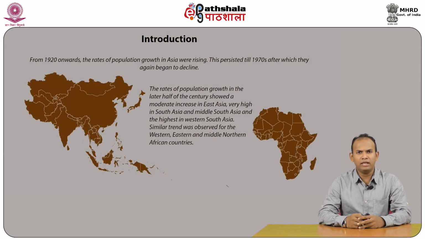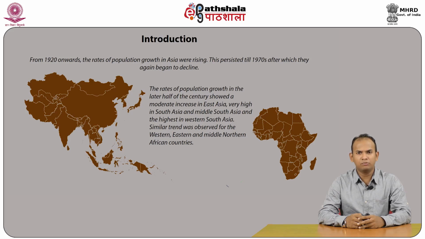From 1920 onwards, the rates of population growth in Asia were rising. This persisted till the 1970s, after which they again began to decline. The rates of population growth in the later half of the century showed a moderate increase in East Asia, very high in South Asia and Middle South Asia, and the highest in Western South Asia.